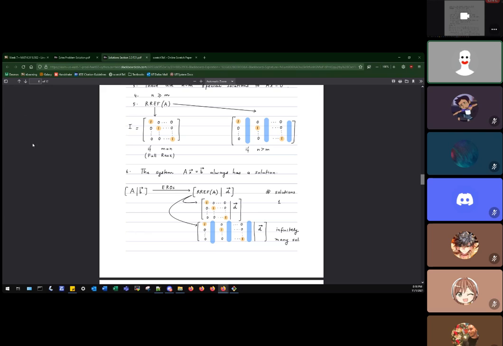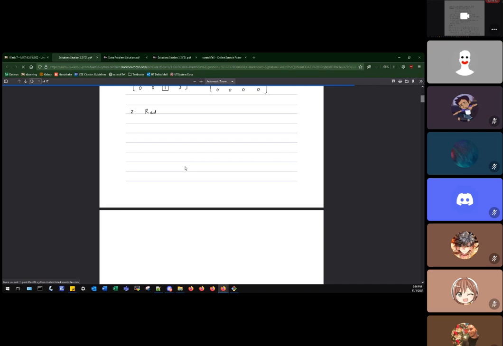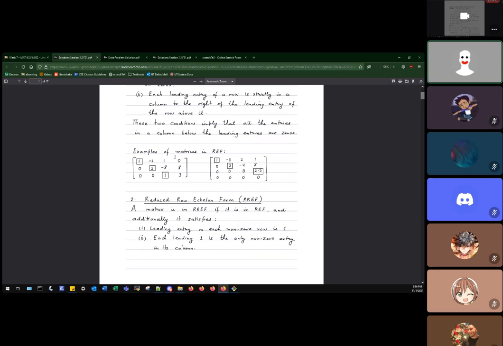REF. Okay, I think I'll go back to 3.2. REF is when you can have, for example, a 2 as a pivot, or you can have a non-zero value above a pivot. But in RREF, all entries in the pivot columns must be either 1 if it's the pivot, or 0 if it's not.